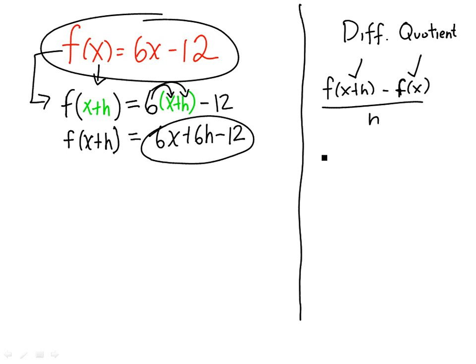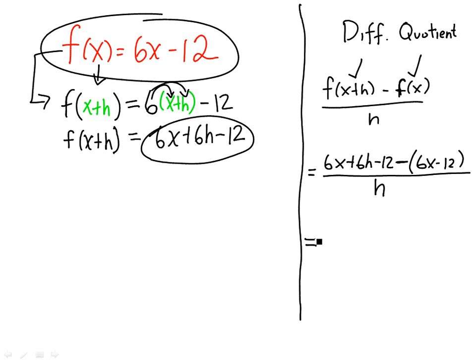So let's do it. f of x plus h is 6x plus 6h minus 12. Then we have a minus sign here. Of course, after you have a minus sign, always put a parenthesis. f of x is 6x minus 12. Now all of this is being divided by h.